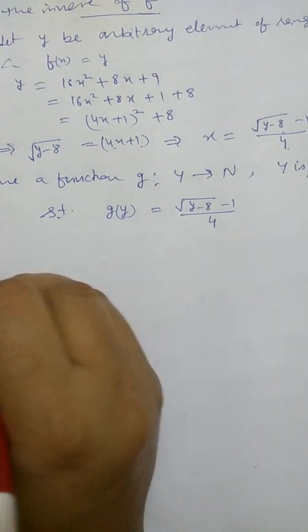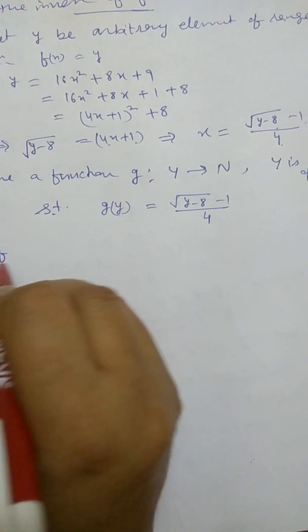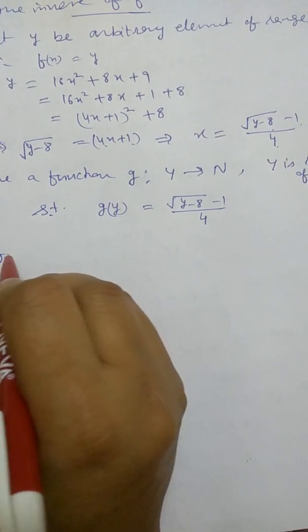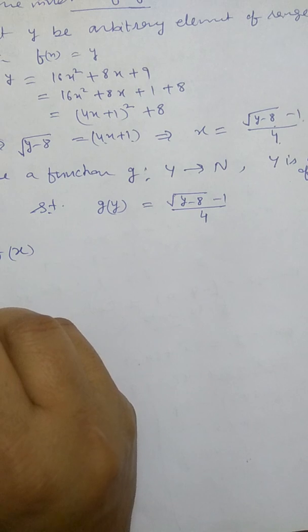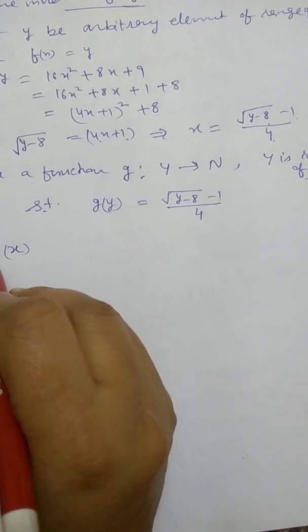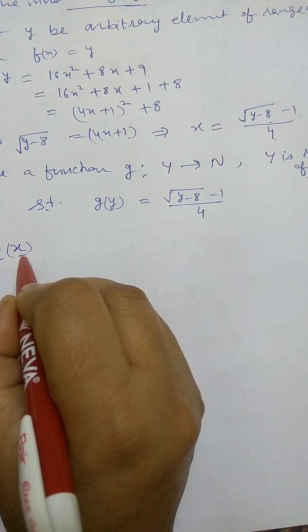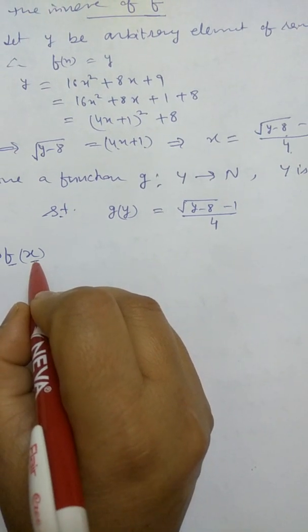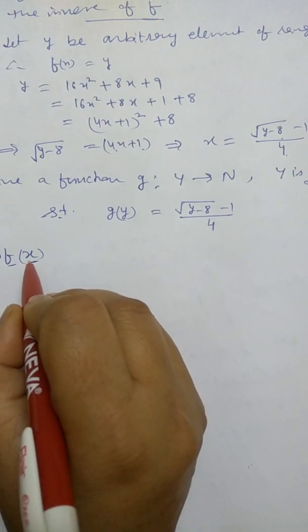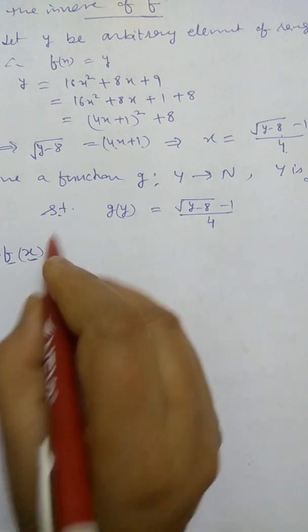Now we have to consider g of f. G of f(x): let x belong to the set of natural numbers, that is the domain of the function f.